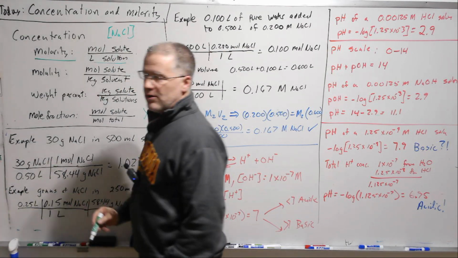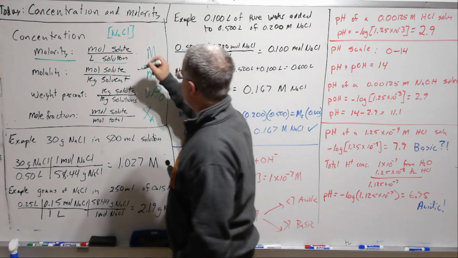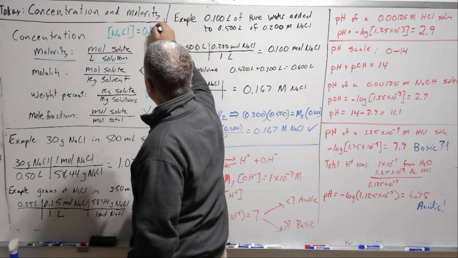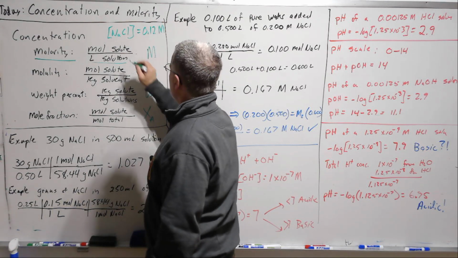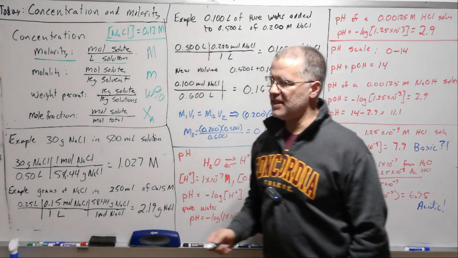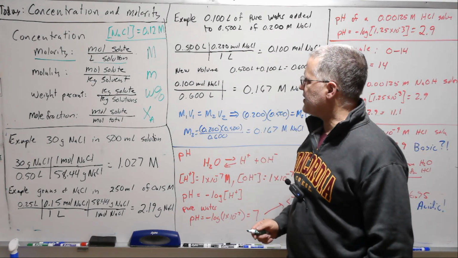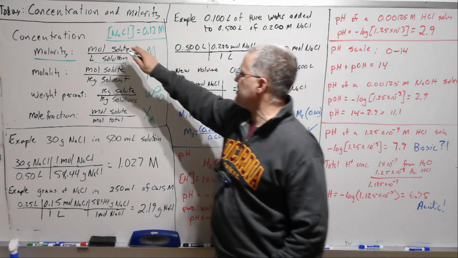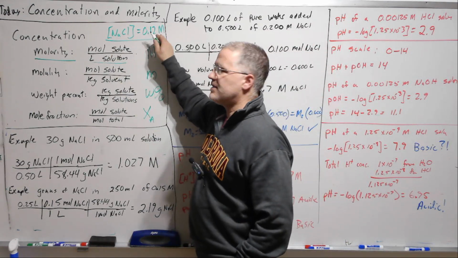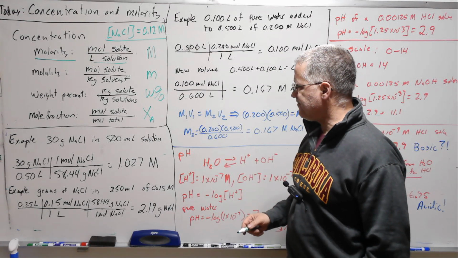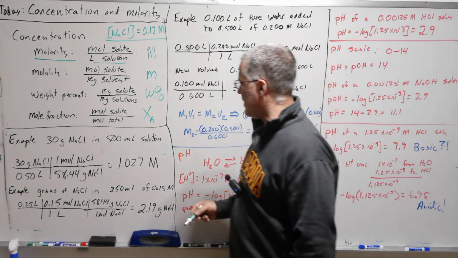We'll use a square bracket to indicate concentration. So this would say the concentration of sodium chloride solution is 0.12 molar. We'll often write something like that. So the square brackets indicating concentration when we're talking about the substance, and then a capital M is the unit on the number.